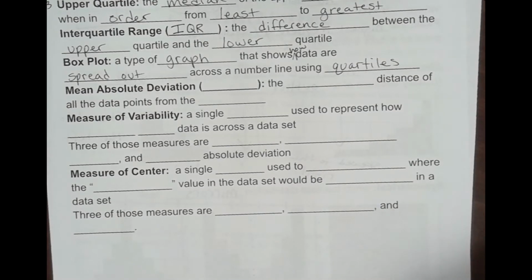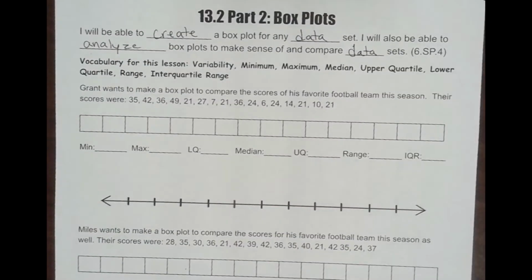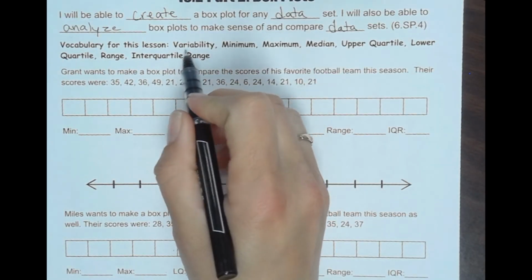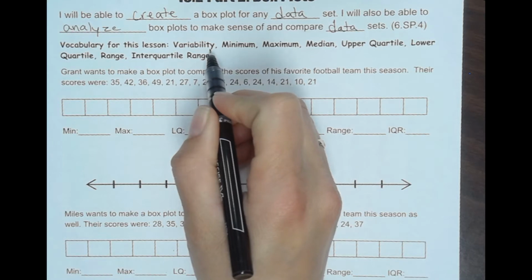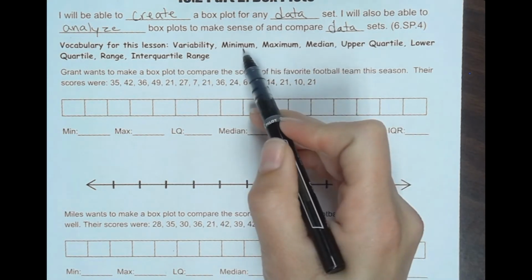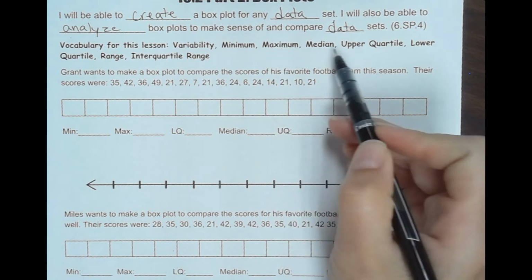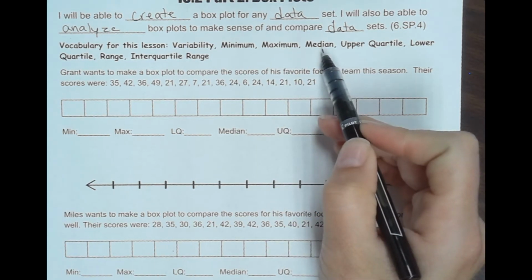Now that we've done the box plot, let's review these other definitions we've talked about. Variability is how spread out a data set is. Minimum is the lowest value in a data set. Maximum is the highest value. Median is the middle number when they're in order from least to greatest.